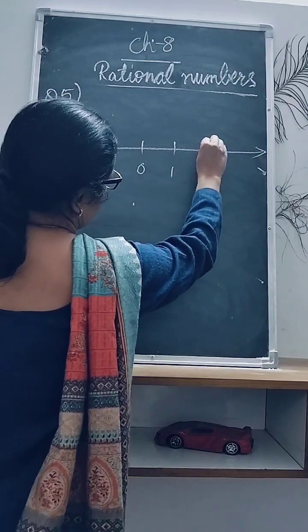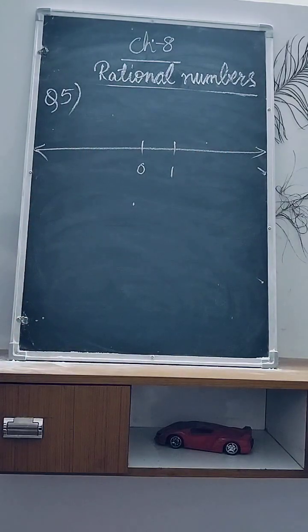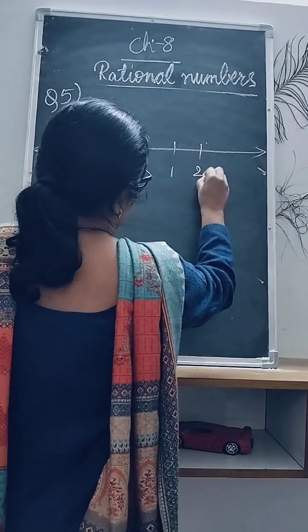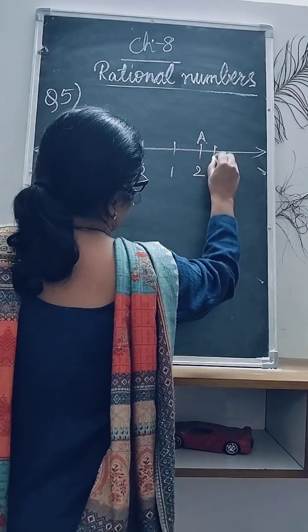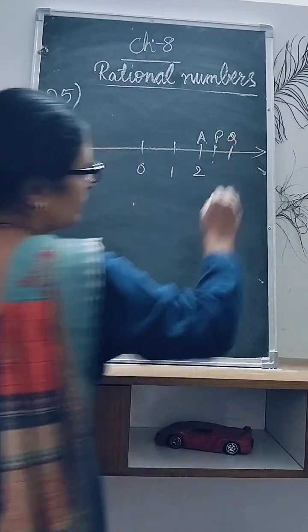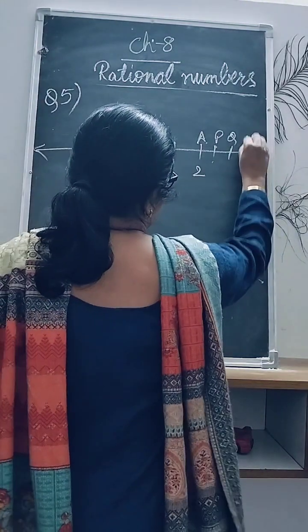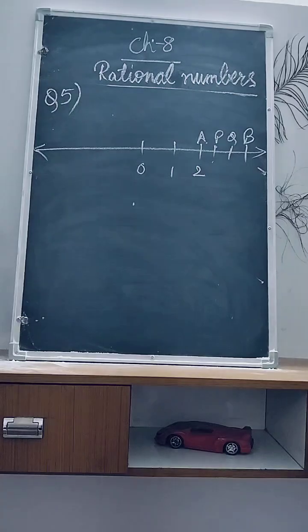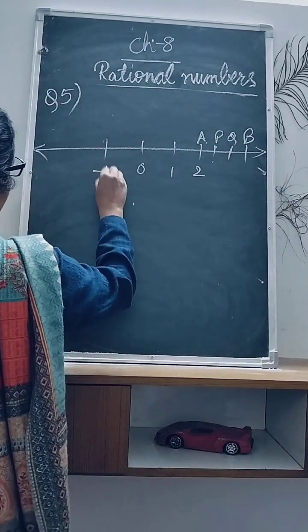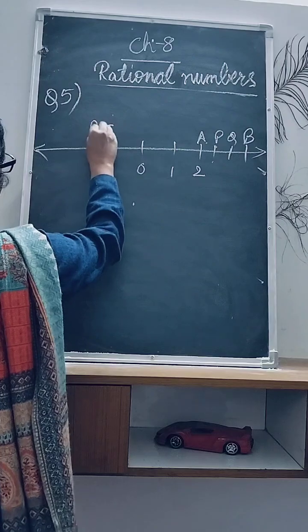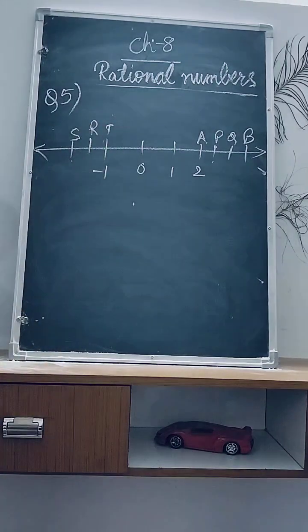Here 1, and after that we are given 2, and points P, Q and B are written here. On the other side we have minus 1, and points R, S and U.